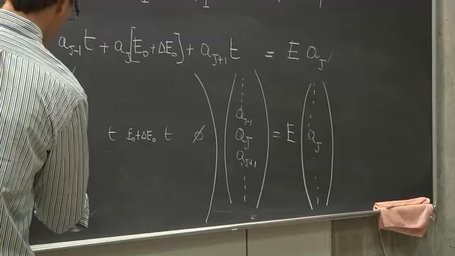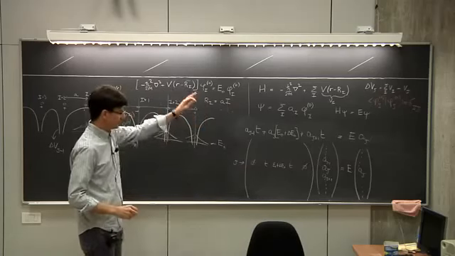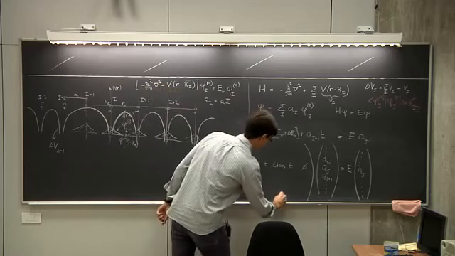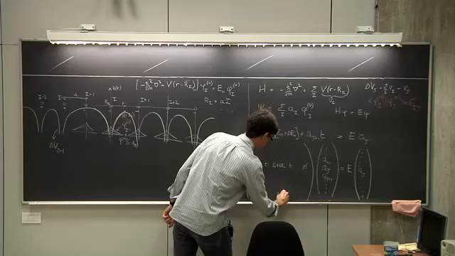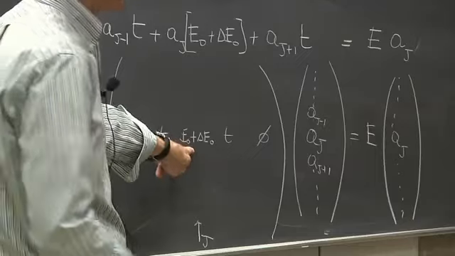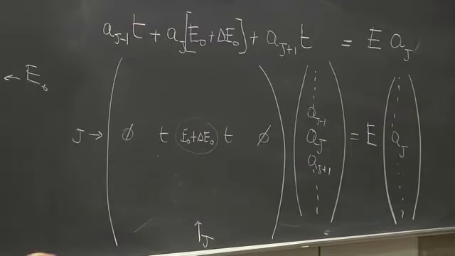So this is row j in my infinite matrix. And this is actually column j. So this term is the diagonal term, this one here. We're taking a point along the diagonal, j, j.